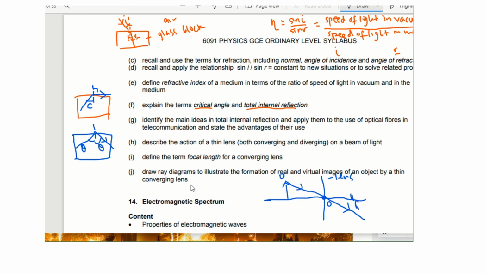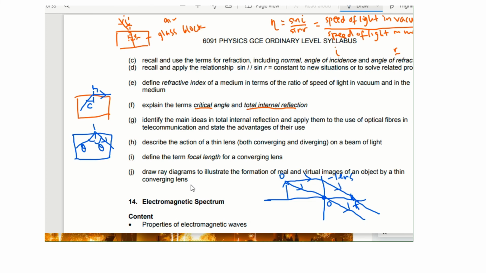Okay, then next let me label the focal point. So if I have a light ray that is parallel to the principal axis, this is the principal axis, then it will pass through the principal focus, or it'll pass through the focal point.